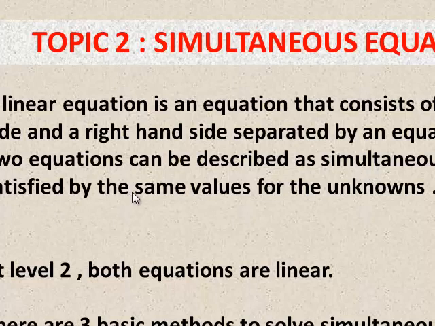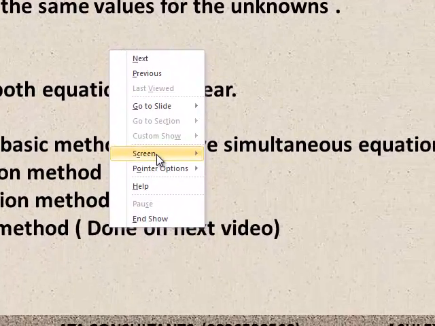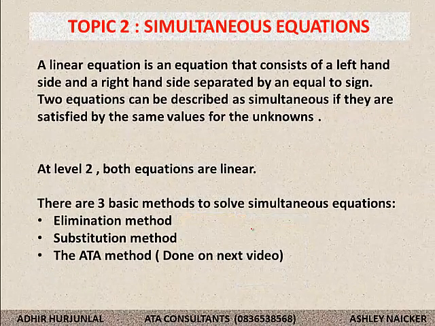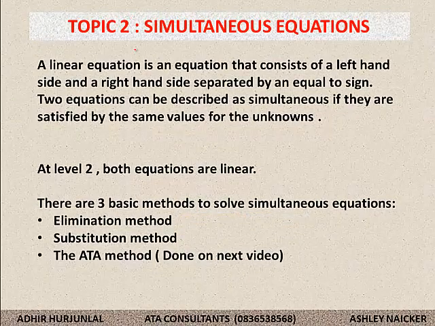In the case of level 2, we will be dealing with two equations, and in the two equations the question will read to solve for x and to solve for y. Both equations must have the same x value, and when we calculate the y values will satisfy both equations. At level 2, however, both equations that we will be dealing with must be linear.